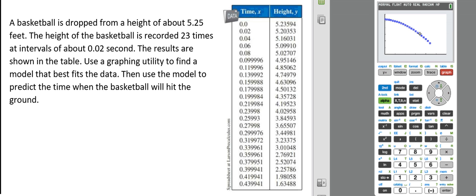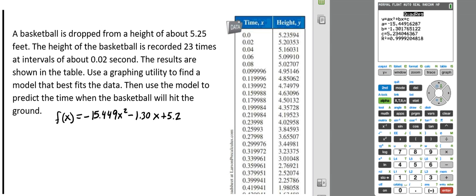So now we'll calculate our quadratic regression, which is option number 5, to get our quadratic model, and we'll go ahead and write that down. And so we have f of x equals negative 15.449x squared minus 1.30x plus 5.2.